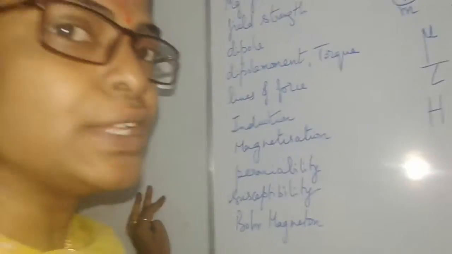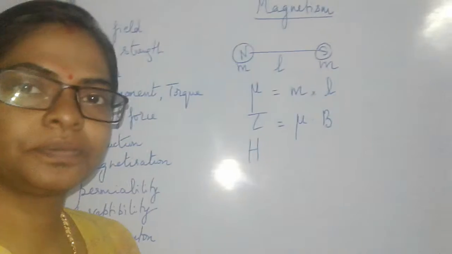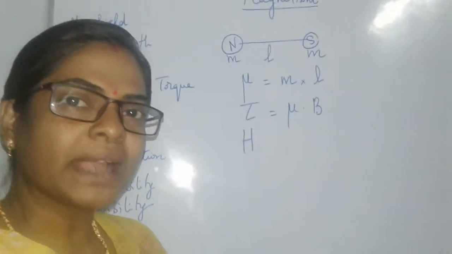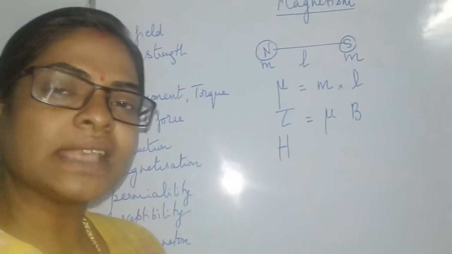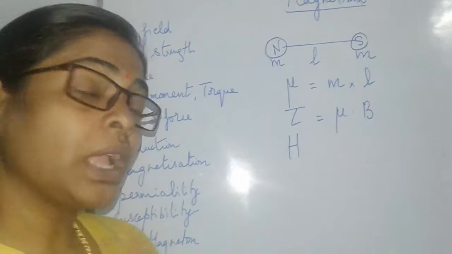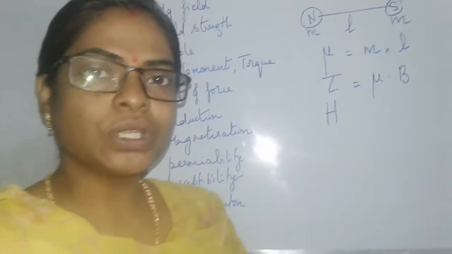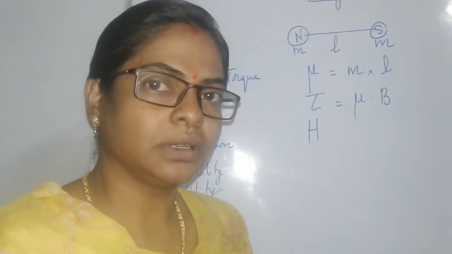Next is magnetization. Magnetization is the magnetic moment per unit volume felt inside the magnetic material. Coming to the magnetic material, you should know the magnetic materials naturally available are iron, nickel and cobalt and some of the rare earth elements.